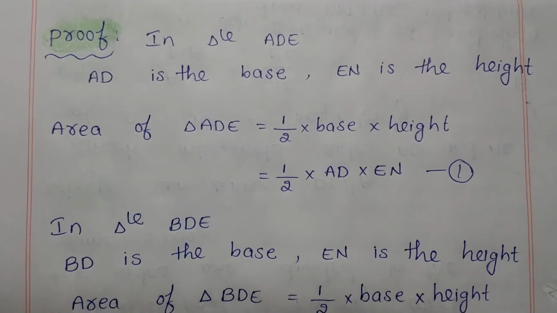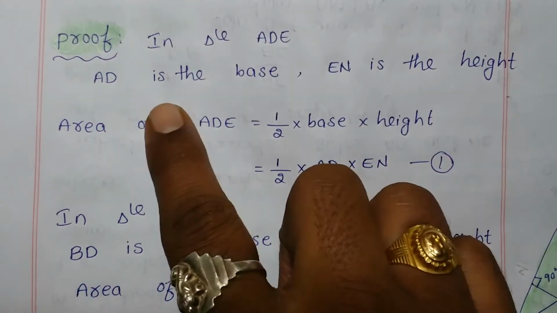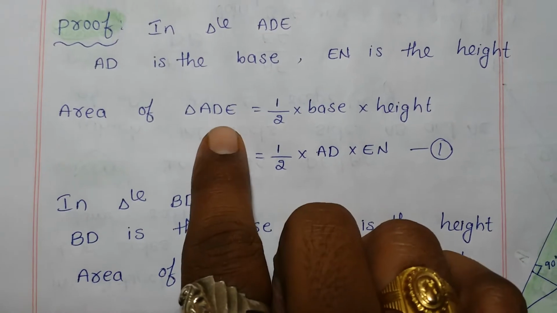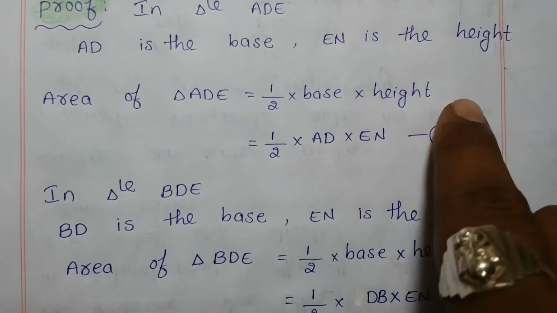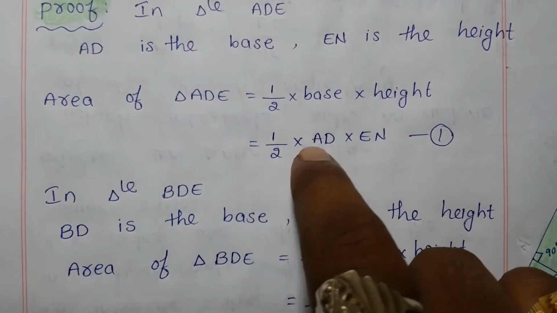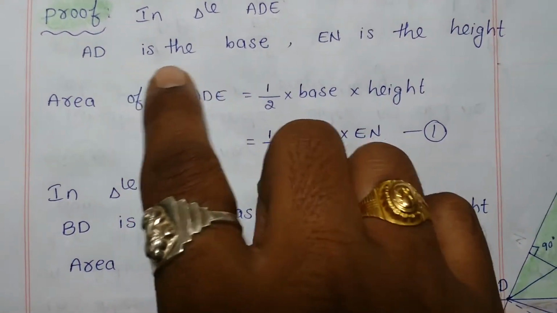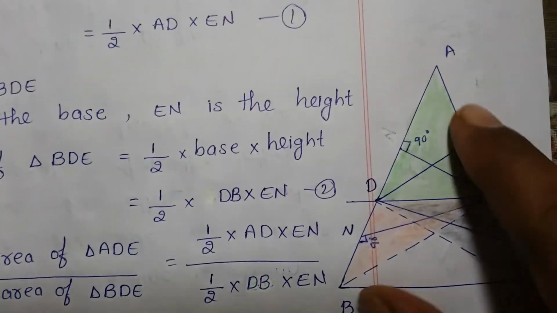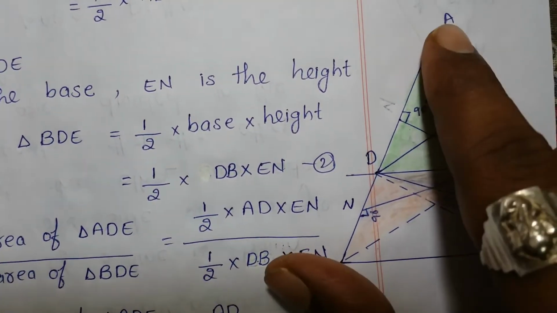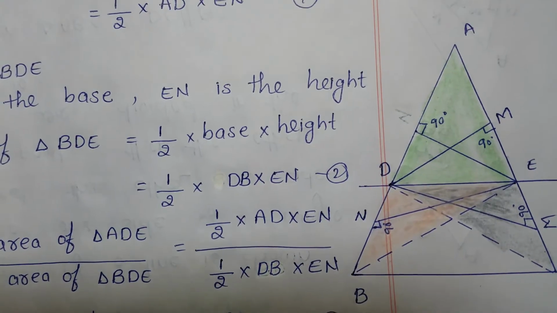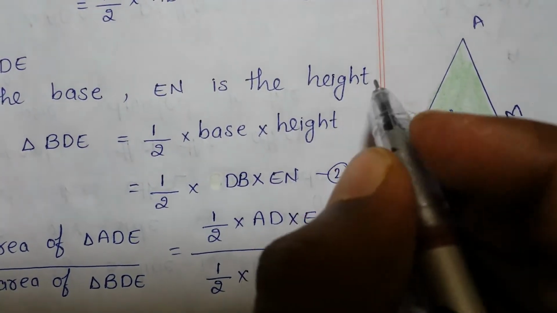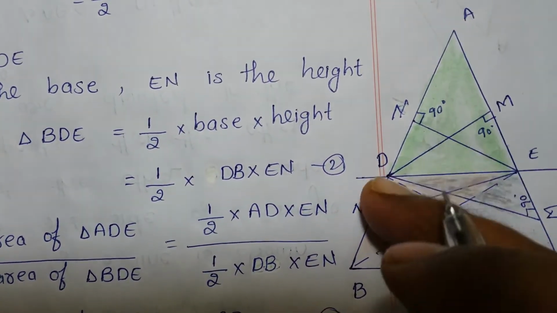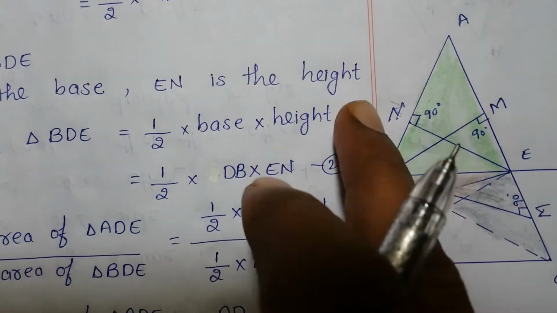Now proof. In triangle ADE, AD is the base, EN is the height. Now area of a triangle ADE is nothing but half base into height. Half base is nothing but AD, height is nothing but EN. Just we will see the diagram. ADE is a triangle in which AD is the base. This is the base and this will become the height.